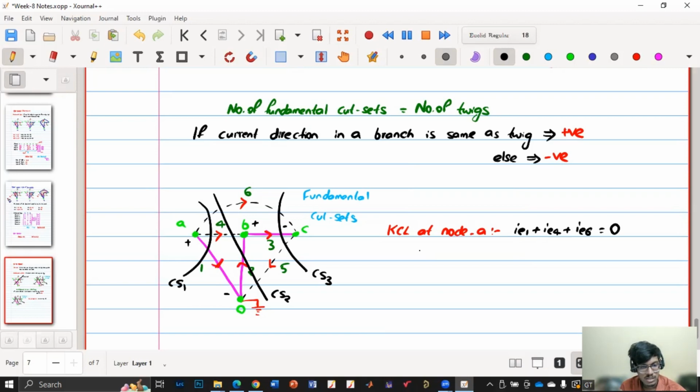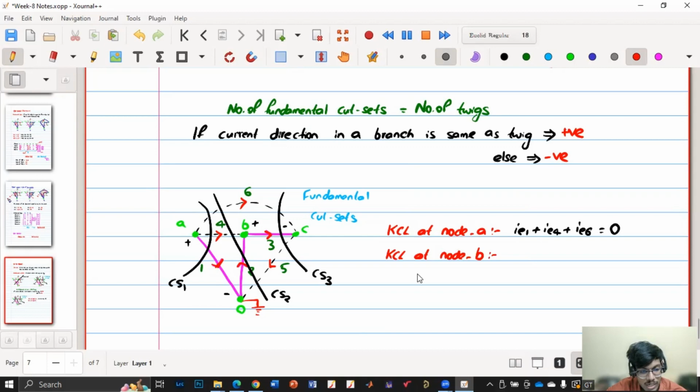The convention is according to the twig. So if the twig current is going out, it is positive. Understood? Yes, sir.